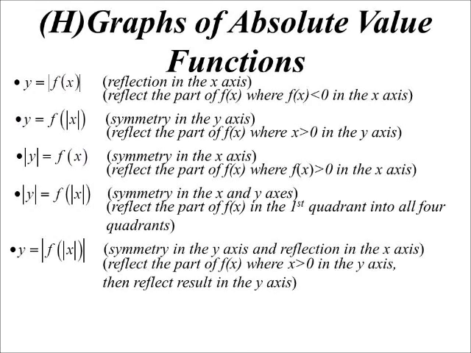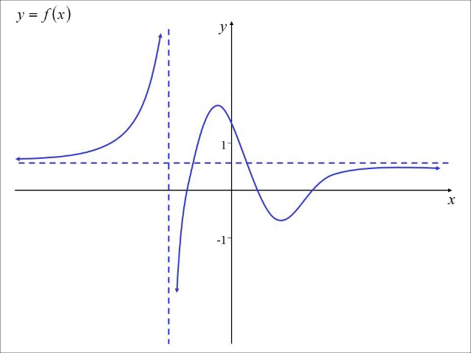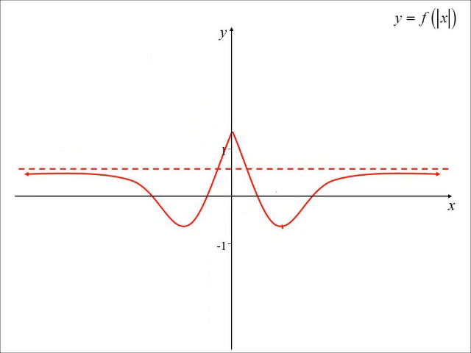So we've got symmetry in the y-axis, but then reflection in the x-axis after that. The first thing we draw, remember we got that for function absolute value x. But now we want to draw the absolute value of that. So whatever's below is reflected above. And we get that one.